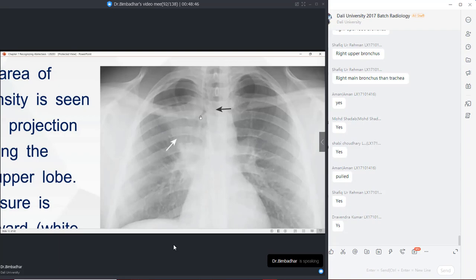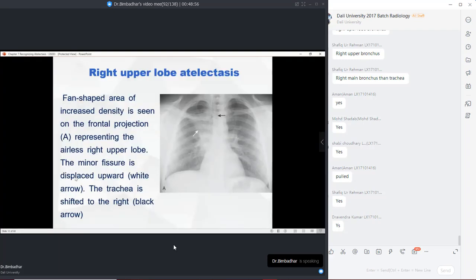This became the right upper lobar bronchus, right? So that is being completely pulled. By this I can understand that this is the right upper lobar bronchus. And you see here, what is the anatomically mobile structure there? It is the right main bronchus, right? And the apical bronchus.